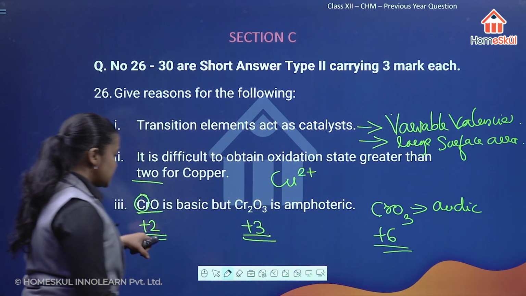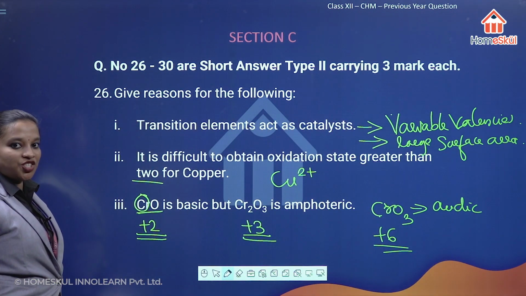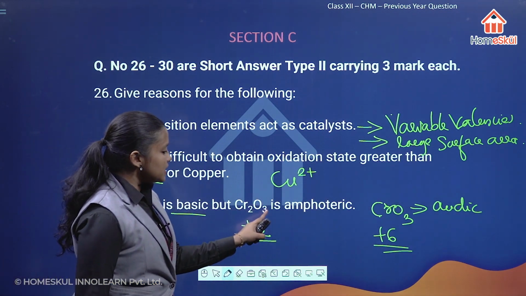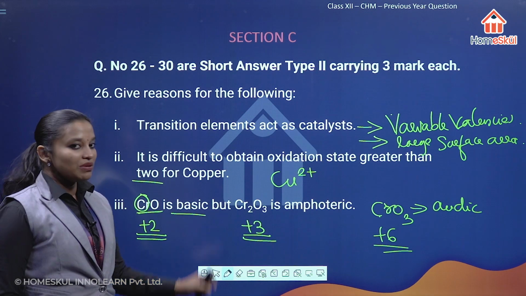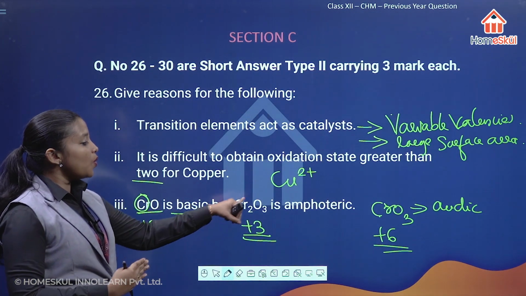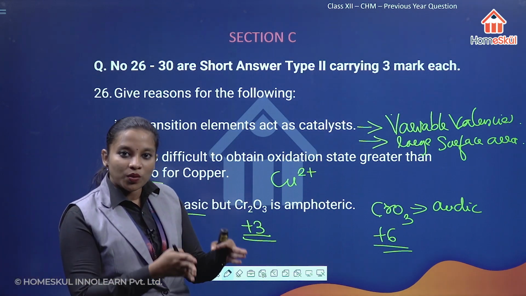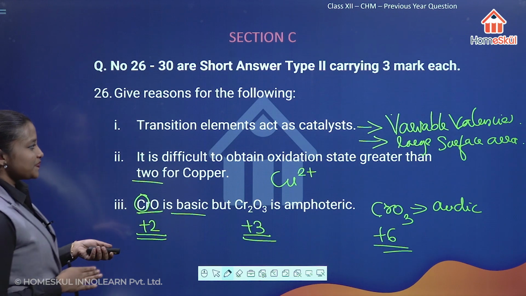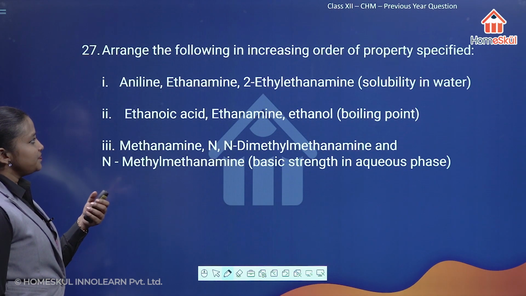And CrO, which has +2 oxidation state, is basic in nature. Cr2O3, in which chromium is +3, is in between those two. That is why Cr2O3 can show both acidic as well as basic nature. Now, moving on to the next.